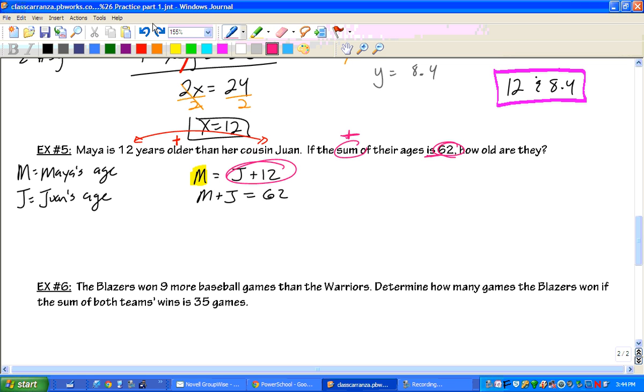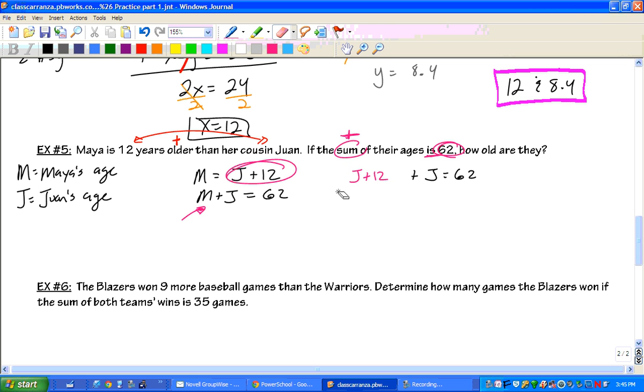So we're going to be plugging that in for m. So when you plug that in, m plus j equals 62, you're plugging in j plus 12.